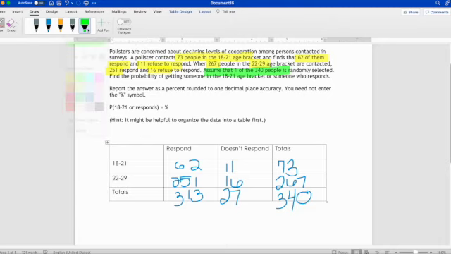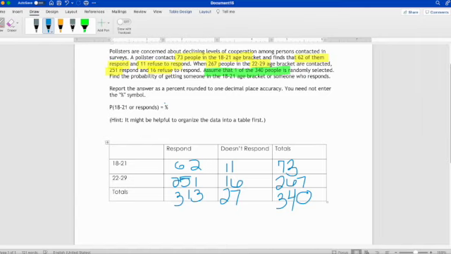So there's all different ways that we can make sure that we're doing this correctly. So I would definitely suggest just double checking any information that they give you. Now, it took a minute or two to fill out that table, but by doing that, it's really going to help us figure out how to rewrite this problem.